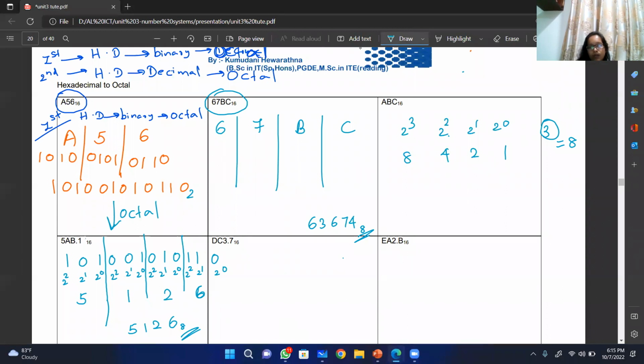B is 12. B is 11. 0, 1, 1, 1, 1, 1, 0. Is this the binary number you all have got?